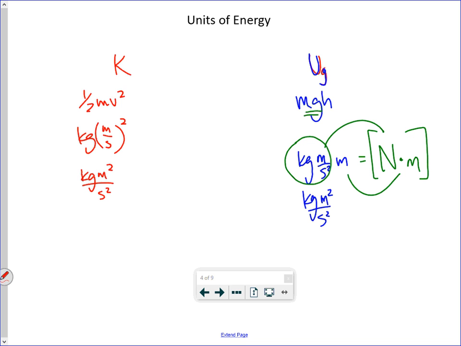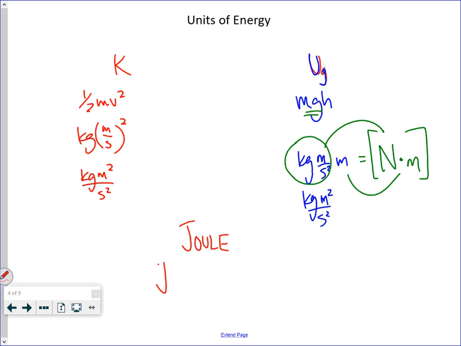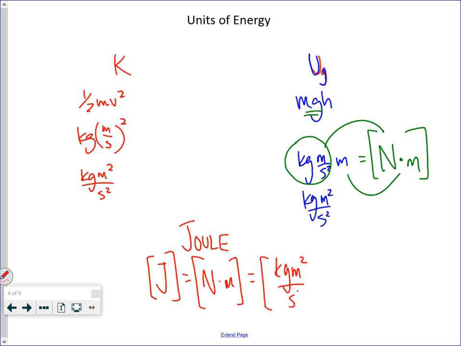The Newton meter is defined to be a joule. The joule. Sure, if you want the Newton meter. Fundamentally, which in a lot of trivia questions we're interested in, is kilogram meter squared per second squared. That's the unit of energy, people.